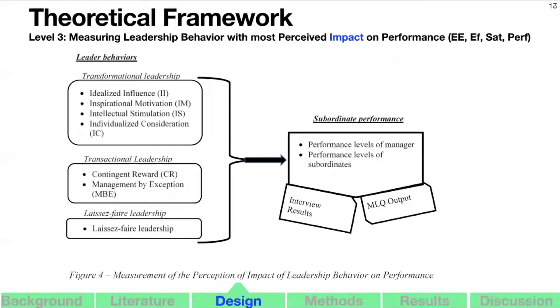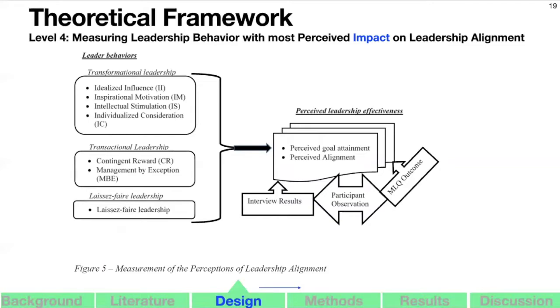And the third level looked at the impact of leadership. We are trying to find out which of the leadership behaviors had the most impact on each of the outcome variables: extra effort, effectiveness, satisfaction, and perceived performance. While the last level looked at which of the leadership styles had the most perceived impact on organizational goal alignment with the general perceptions of leadership.